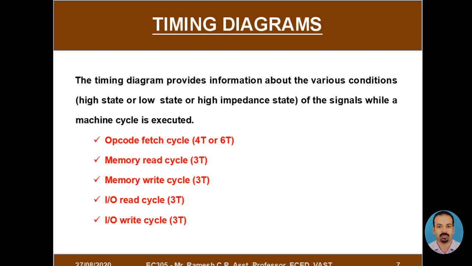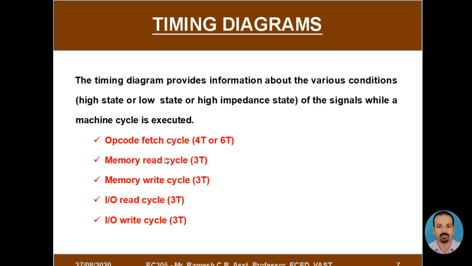And you can see that for all other operations, we need only 3 T states. So it's basically simple. If you are aware of these 5 basic machine cycles, with 4 and 3 T states, you can get the instruction timing. You can also draw the timing diagram of various instructions supported by the 8085 microprocessor as a combination of opcode fetch and memory read, opcode fetch and memory write, opcode fetch and IO read, or opcode fetch and IO write.